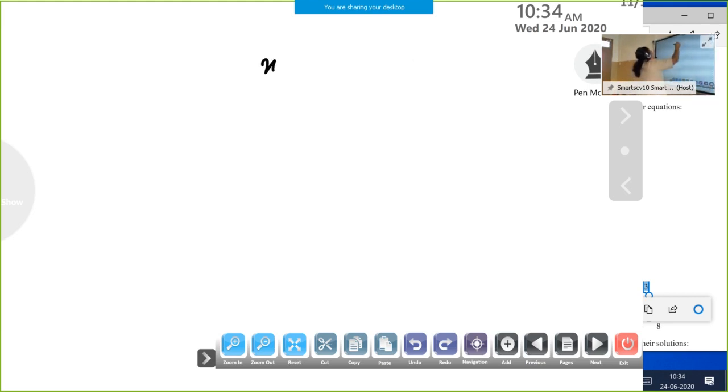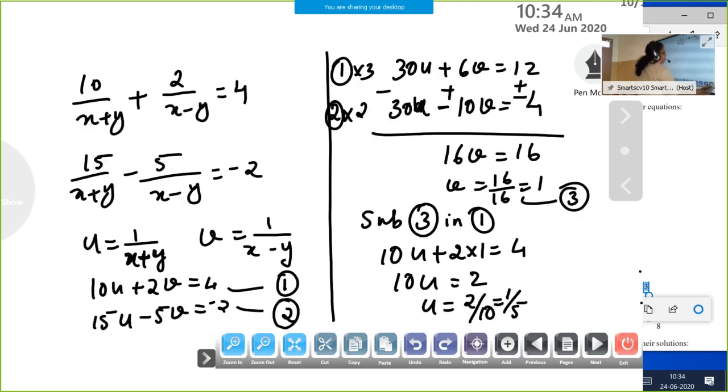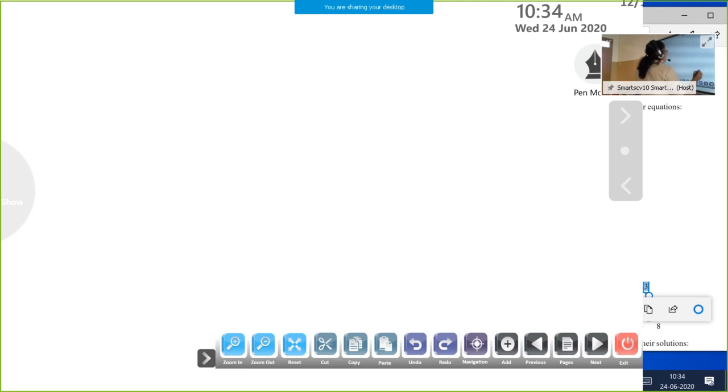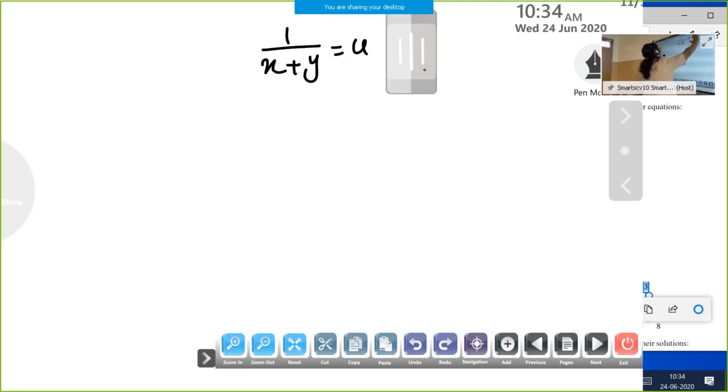Then that is a substitution: 1 by x plus y is equal to u, that is equal to 1 by 5.